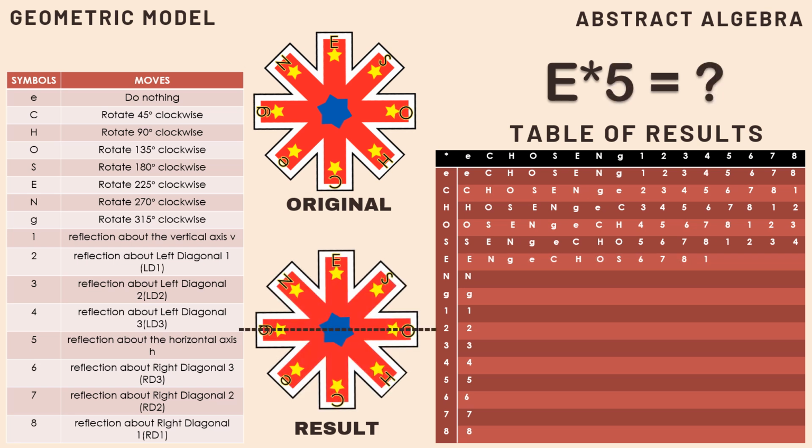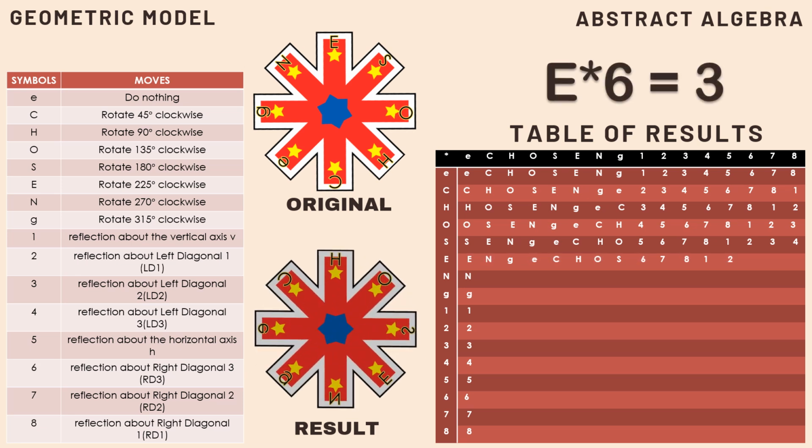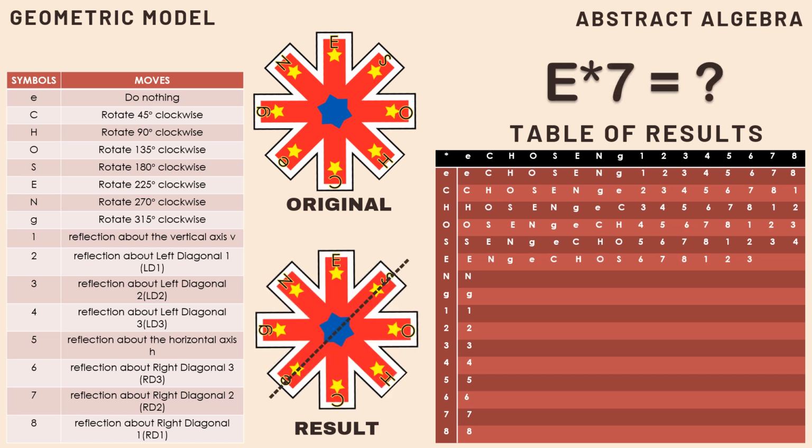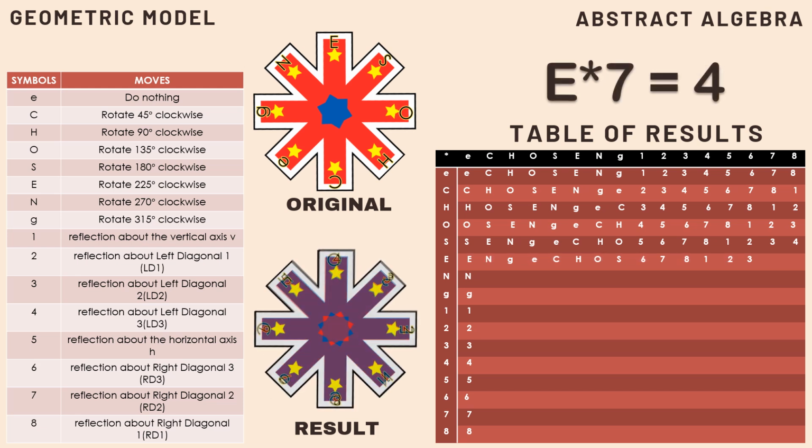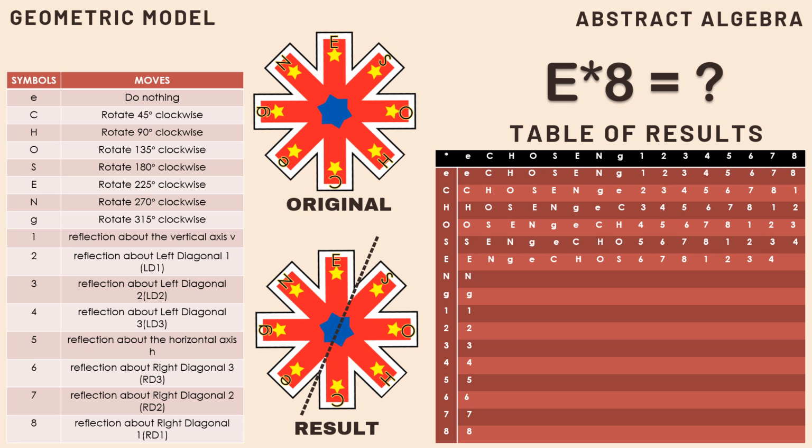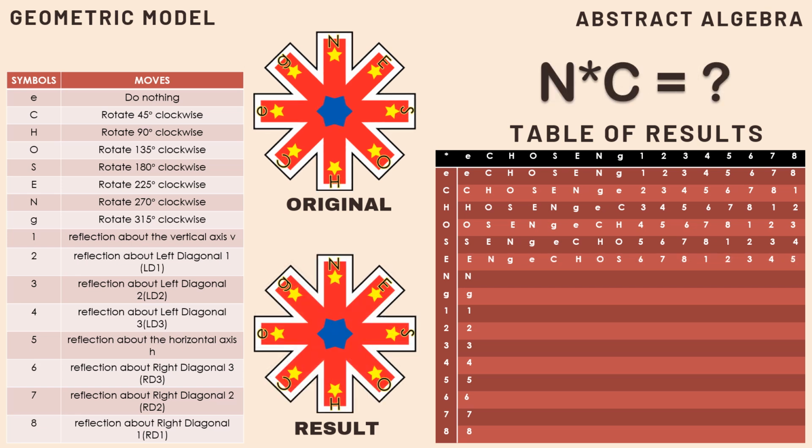E star 5 is 2. E star 6 is 3. E star 7 is 4. E star 8 is 5. Next, we have the seventh row.